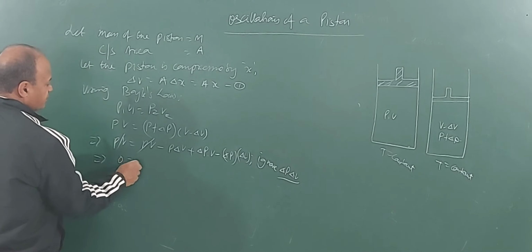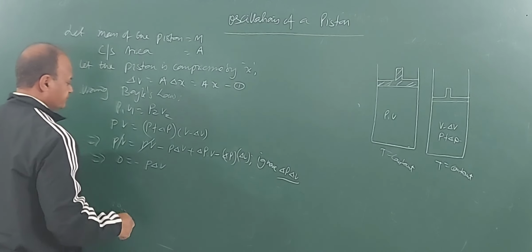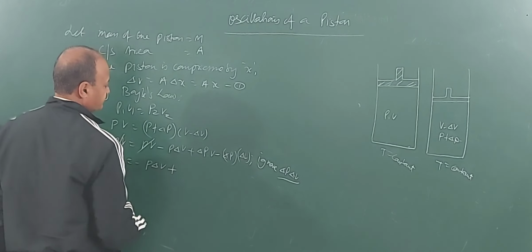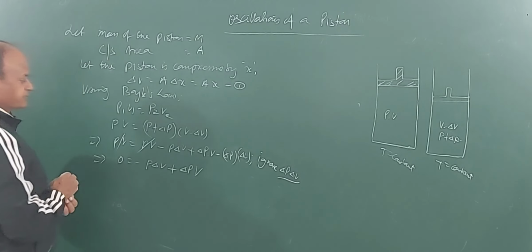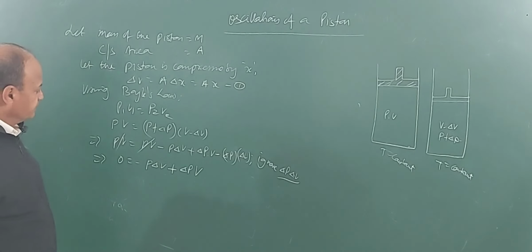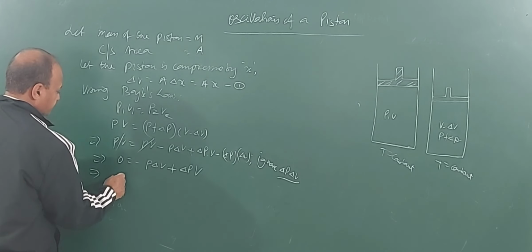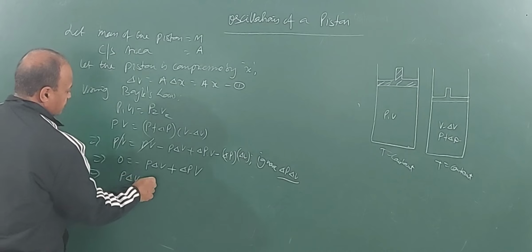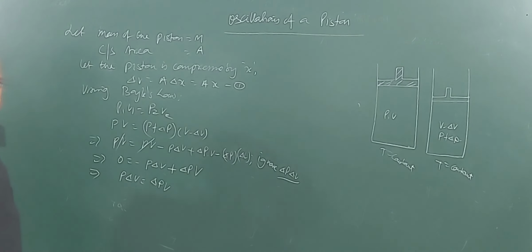Ignore this and we cancel out PV. So 0 is equal to how much you get? Minus P delta V plus delta P into V. Clear? So P into delta V is equal to delta P into V, right?